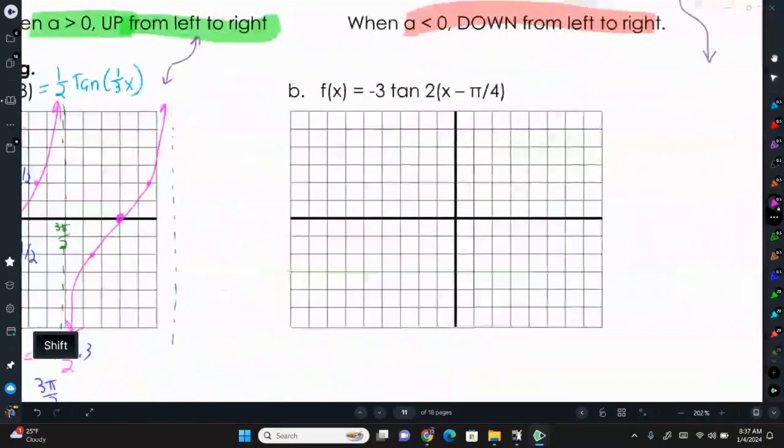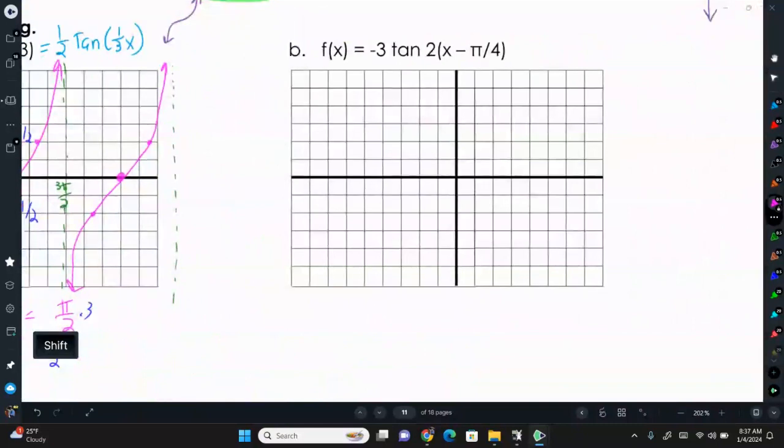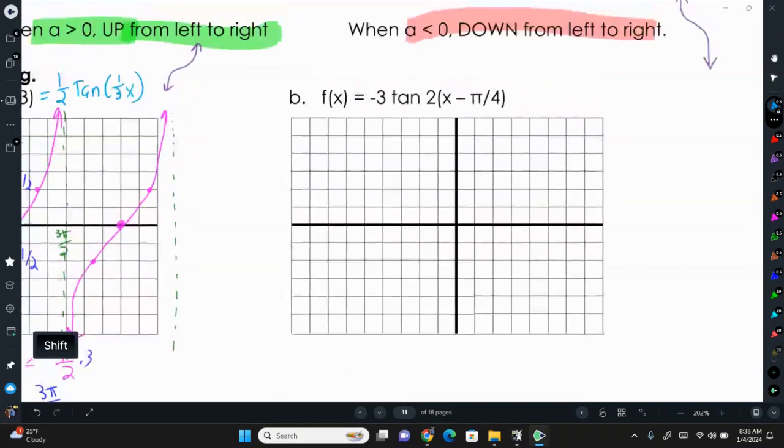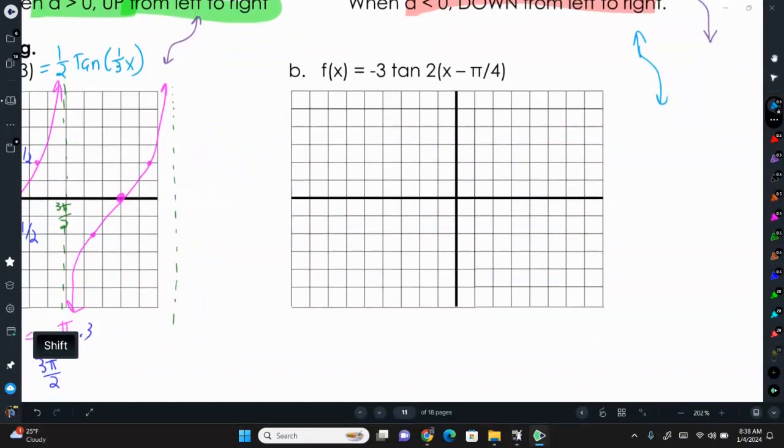All right, now for letter B, we have a lot going on here. First, it's a negative tangent, so that means our graph is going to go like that, down and to the right between each asymptote. We have a horizontal shift of pi over 4 to the right. So let's go ahead and figure out all of our information here.